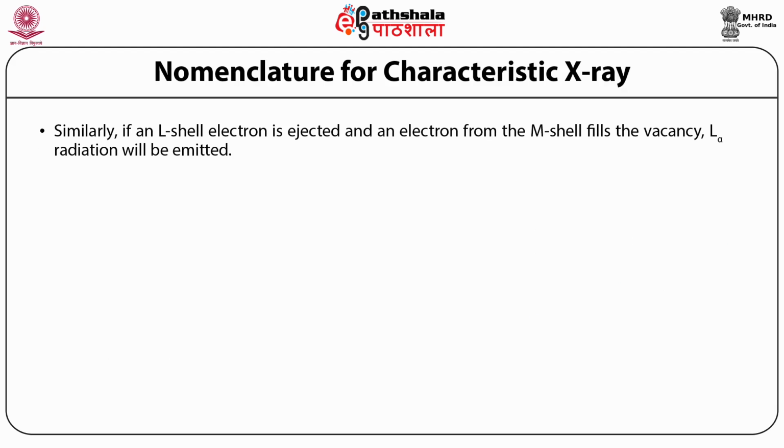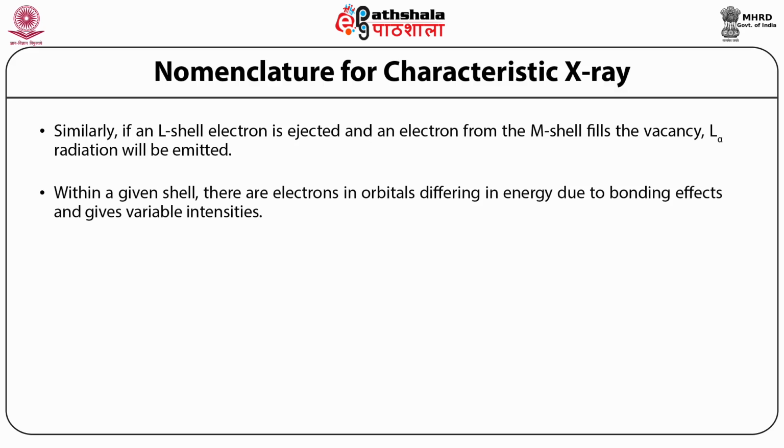Similarly, if an L cell electron is ejected and an electron from the M cell fills the vacancy, L alpha radiation will be emitted. Within a given cell, there are electrons in orbitals differing in energy due to bonding effects, which gives variable intensities.